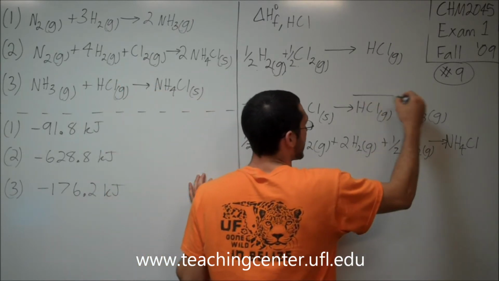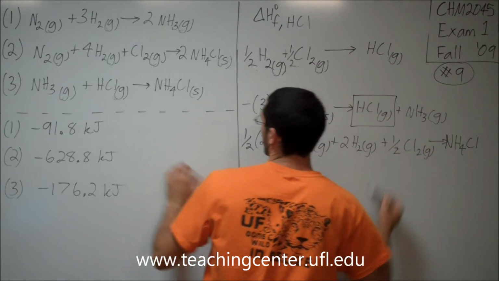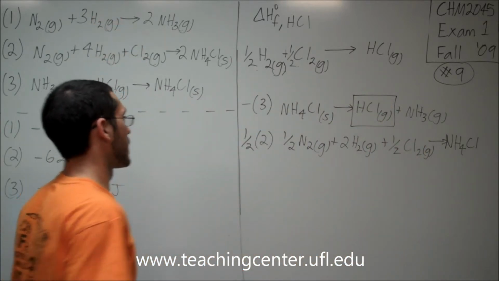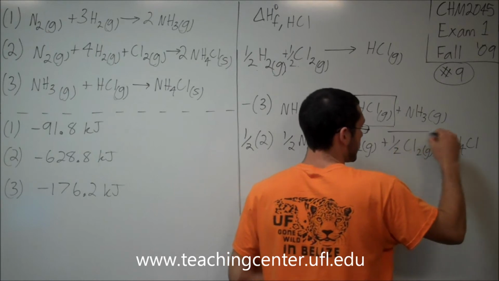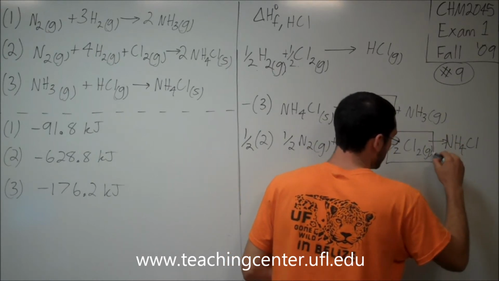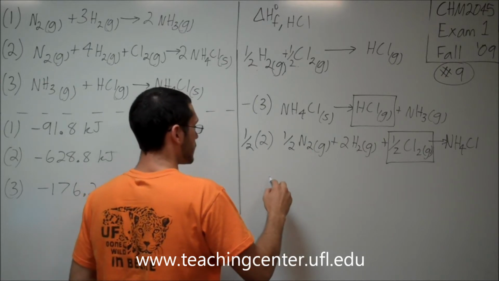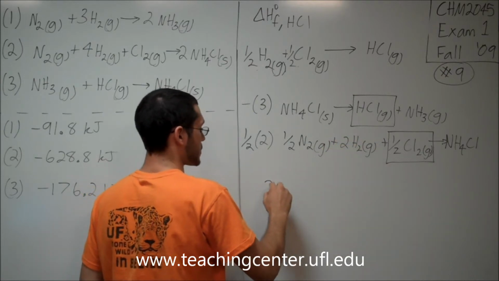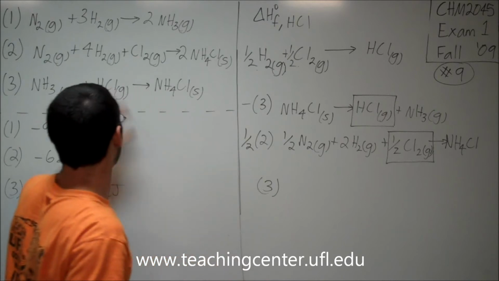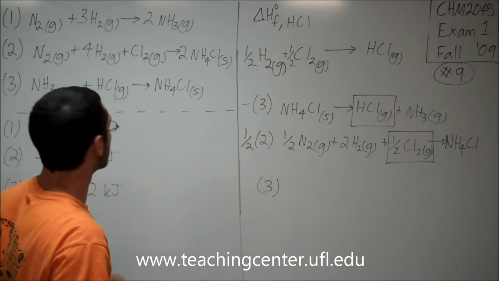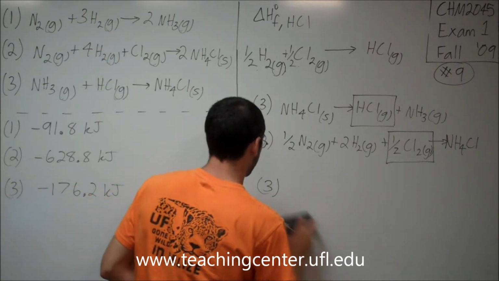For example, the HCl only came from 1 equation out of all these 3. So did the Cl2. This reminds me that the ones in the boxes better not get canceled off. I can't touch those, because that's the only source from which they come.